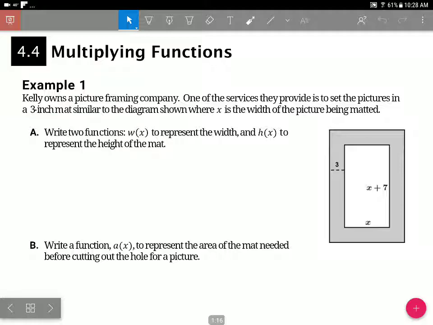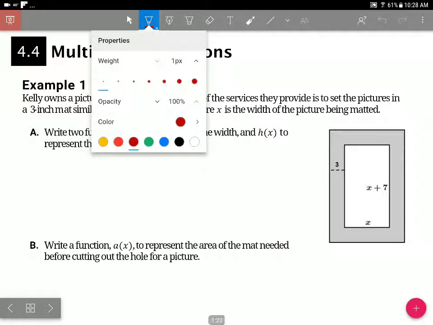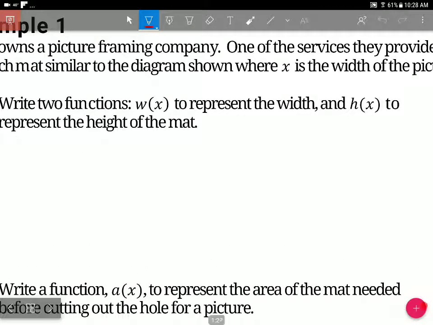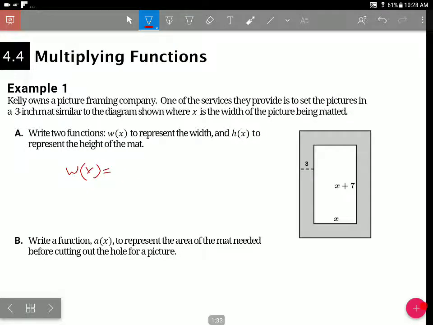So here we go. They want to write two functions. One with W to represent the width of the matting. So W of x we're going to make equal to the width. Well, the width is not just the x right here. We want the whole thing. So how much do we have extra on the left and the right?